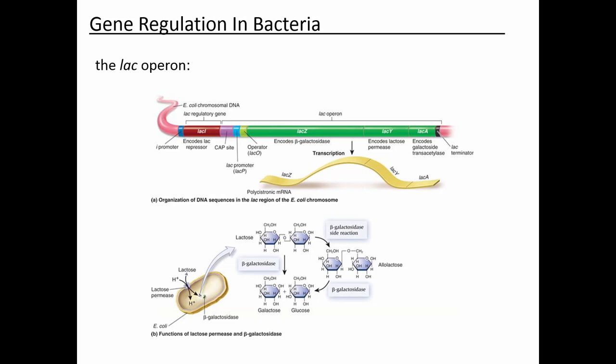In the animation, they referred to a lactose isomer, and that lactose isomer is called allolactose. This is going to be involved in regulating the repressor. That's why it's important, and that's why we're bringing it up, because allolactose is going to regulate the repressor.